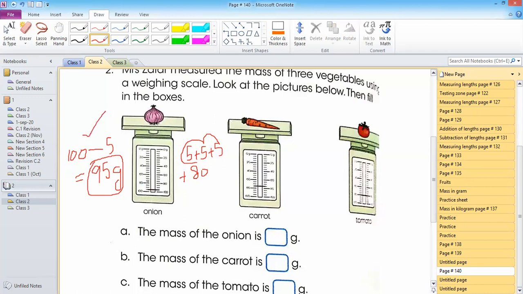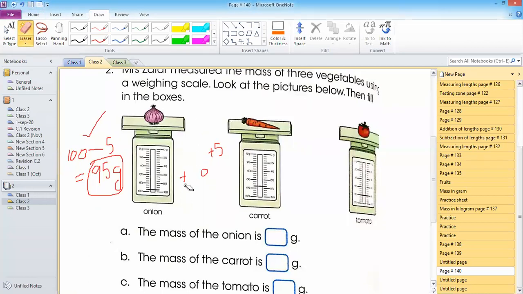Another way is count in fives after 80. This is 85, this is 90, and this is 95. In both ways the answer will be 95 gram. Is it clear, guys? Yes, sir. That's very good.